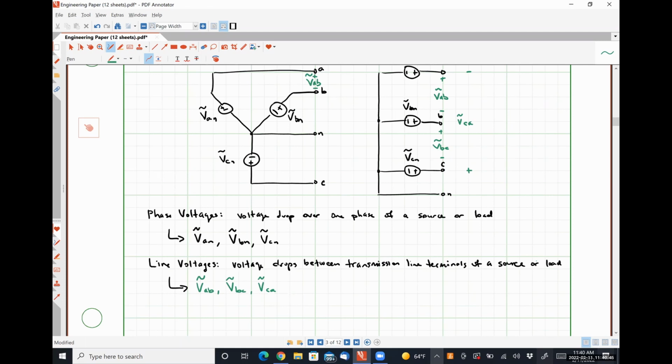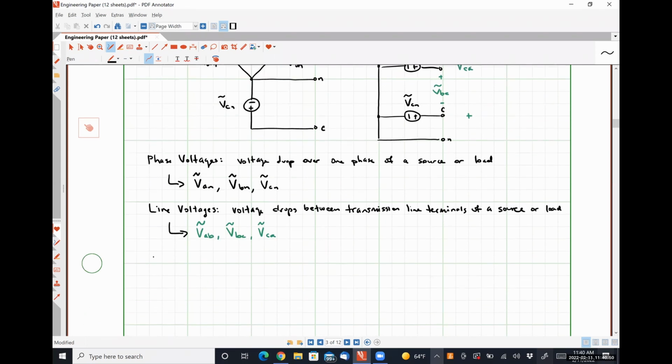Now, I want to talk about phase currents. Okay. A phase current is simply a current through one phase of a source or load.